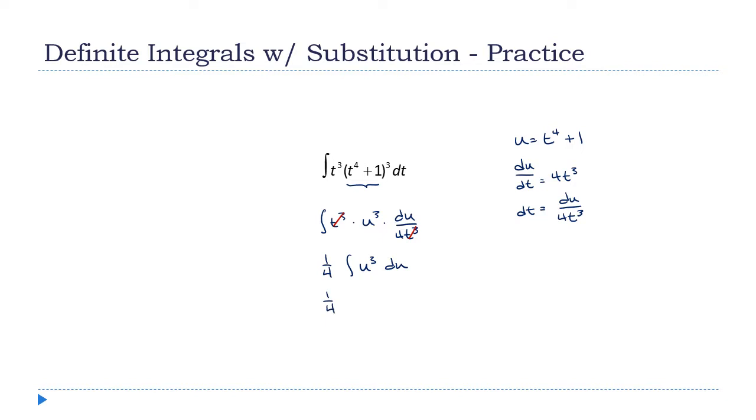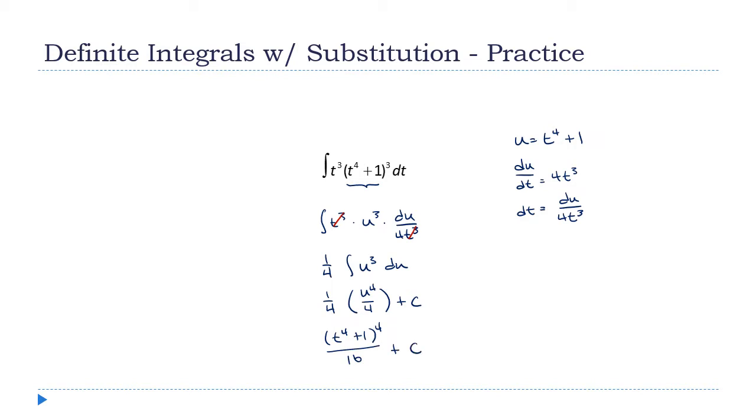It's my power rule again. This is u to the 4th over 4 plus a constant. And I'm going to do two things at once. Put the t to the 4th plus 1 back in here. This is t to the 4th plus 1, to the 4th, over 16, 4 times 4, plus a constant. And that's it.